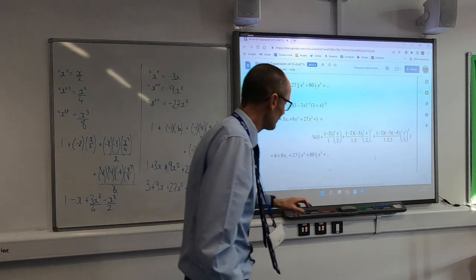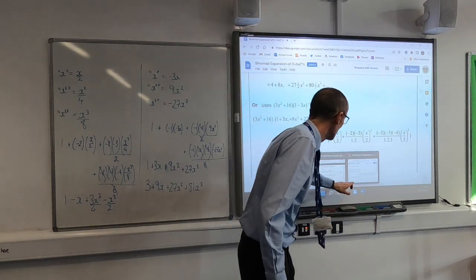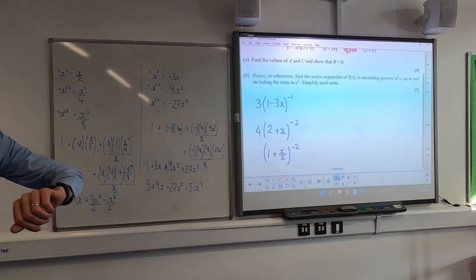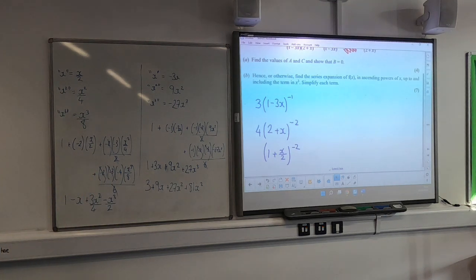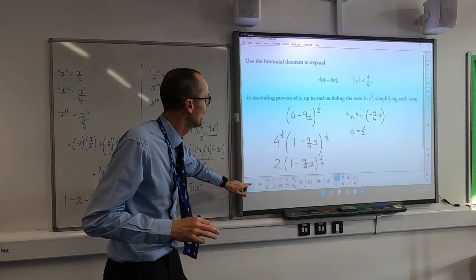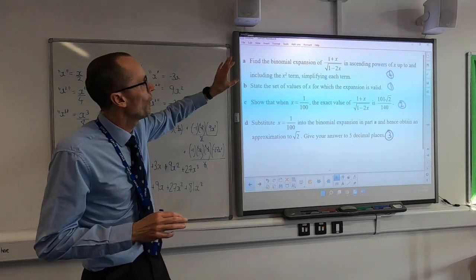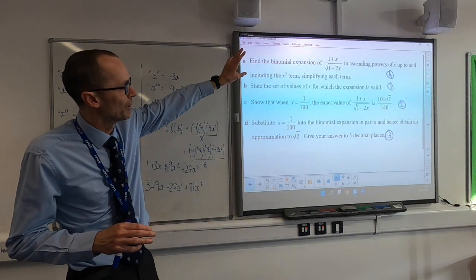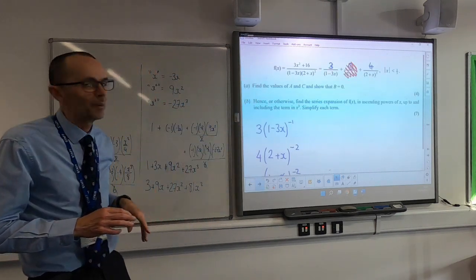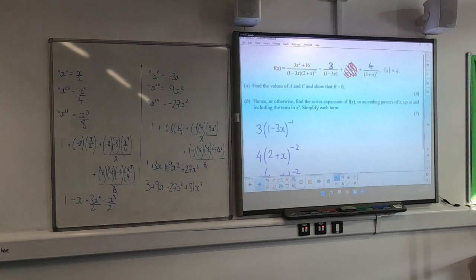So we've looked at basic binomial expansions. We haven't had time to go on to some of the A plus B practice, so it might be worth finding some practice of that yourself. But certainly being aware of that sort of problem and that sort of problem, I think is really key.